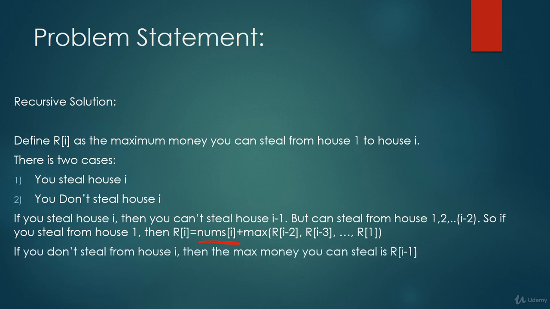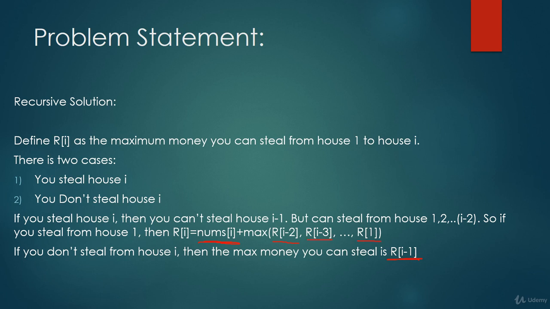Similarly, if you don't steal from house I, then the maximum money that you can steal is just R_(i-1), because you only steal from the previous I minus 1 houses. Now notice here that we used the maximum of R_(i-2), R_(i-3), and so on. Why is that?